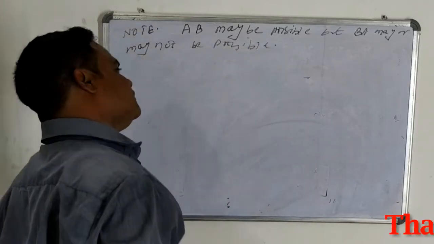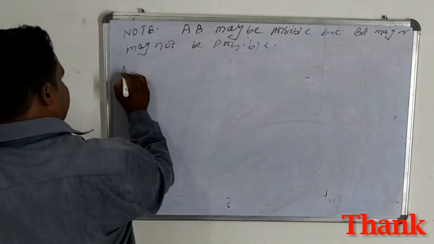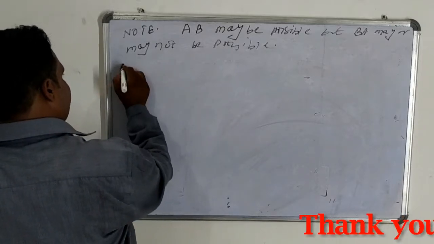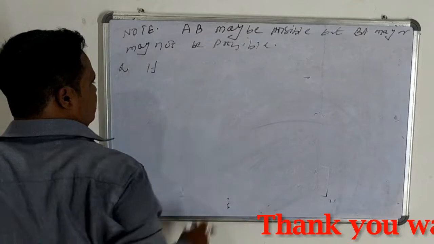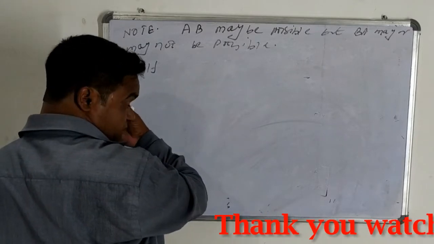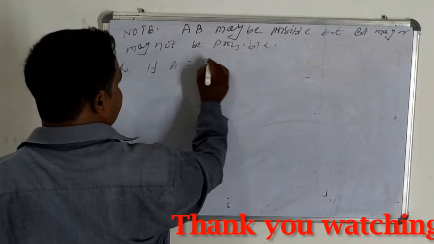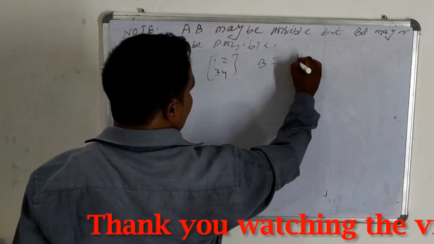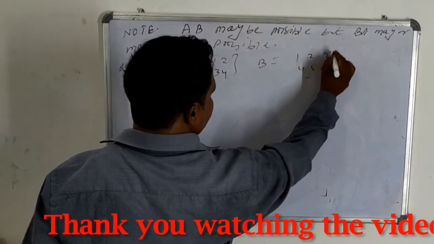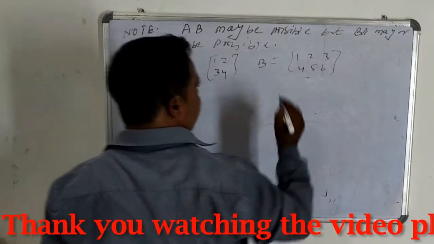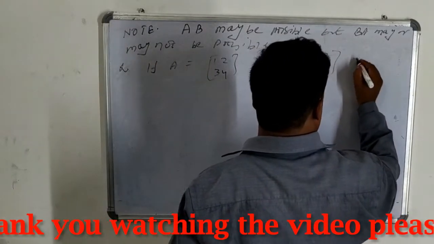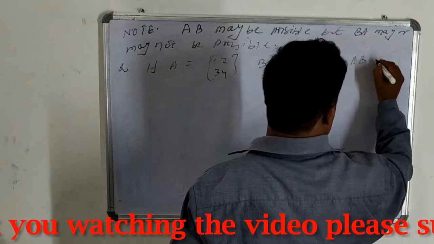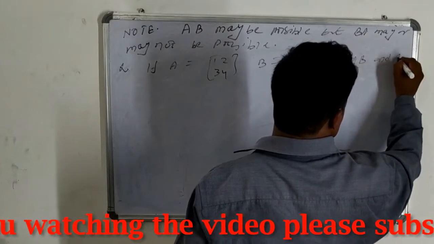Okay. So in these examples, I have an example given to you. If A equals 1, 2, 3, 4, B equals 1, 2, 3, 4, 5, 6. This is the value. First is the check. Find AB and BA.